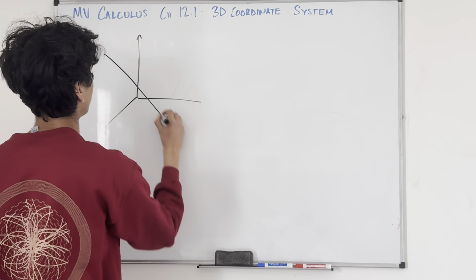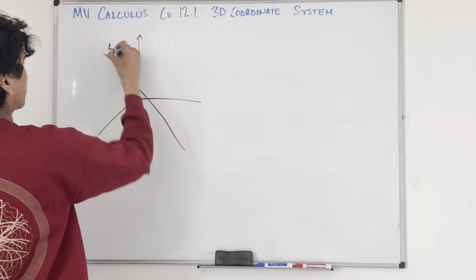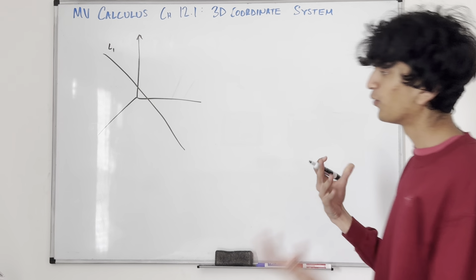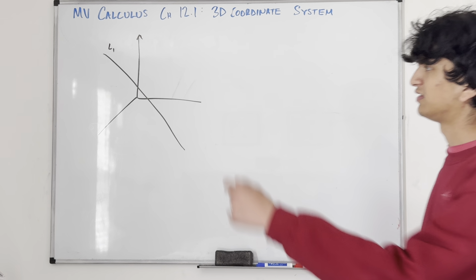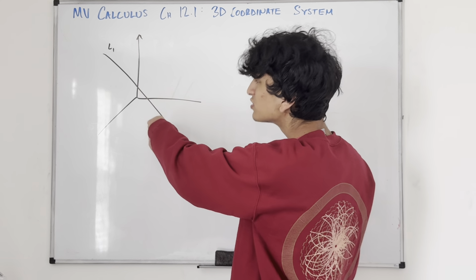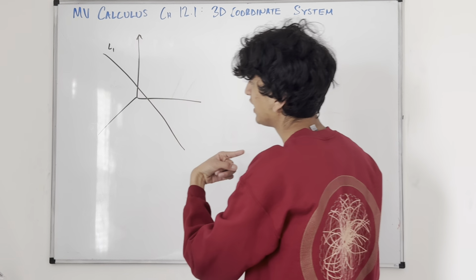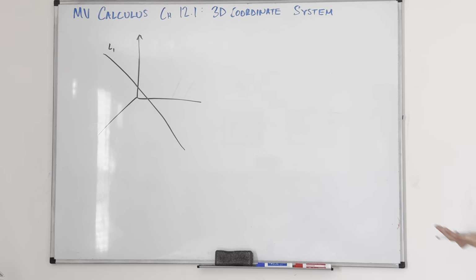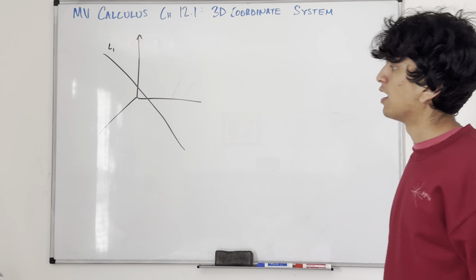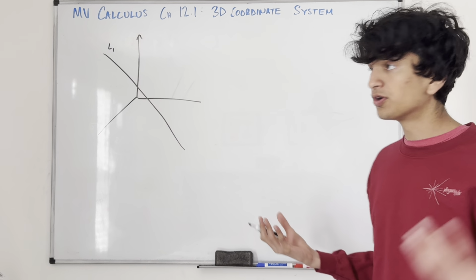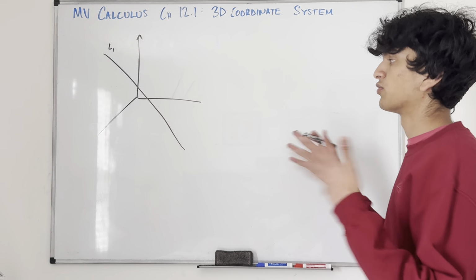But if you have a line, like if this is a line L1, it's actually pretty hard to tell which way it is going. Is it going towards the page? Is it going out of the page? You can't really tell its direction, because with that third dimension, maybe it's directed all sorts of ways.